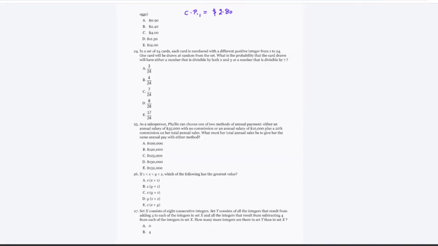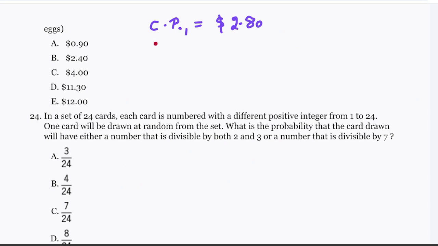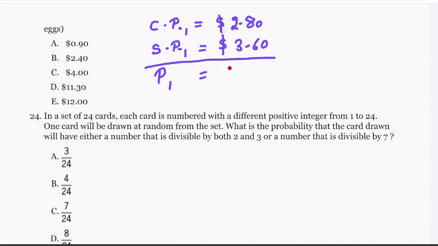So that means the selling price for 1 dozen will be multiplied by 4, that will be 3.60. Is this point clear? Yeah. That means by selling 1 dozen, the profit I'm going to get is $0.80, 80 cents, right?